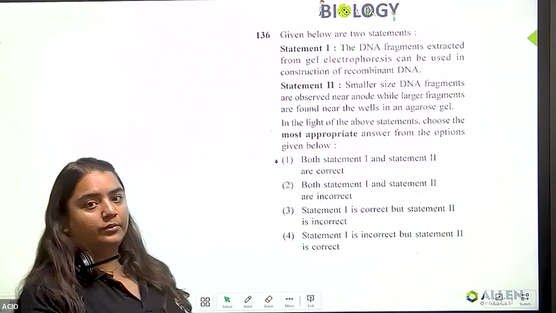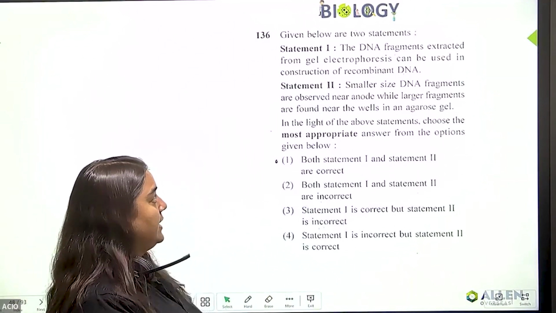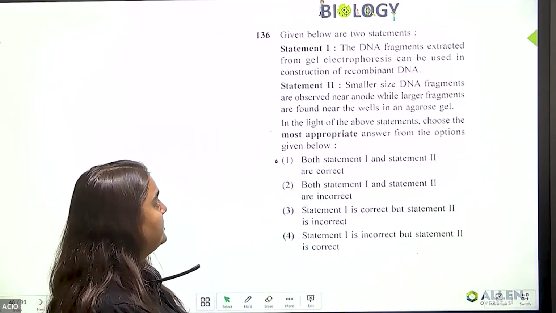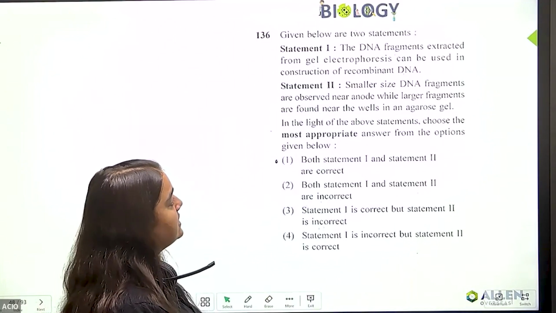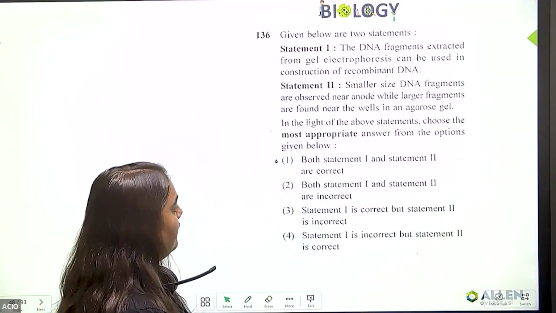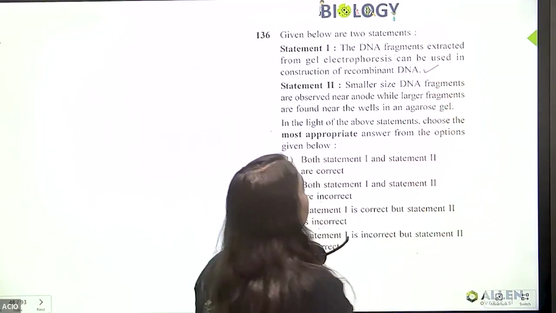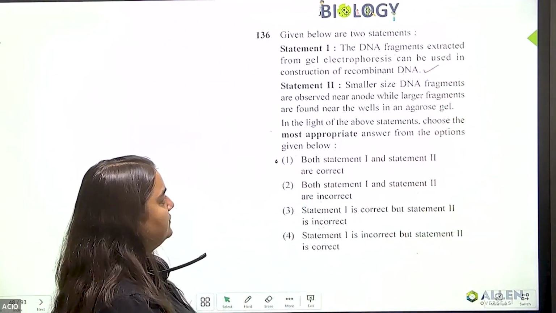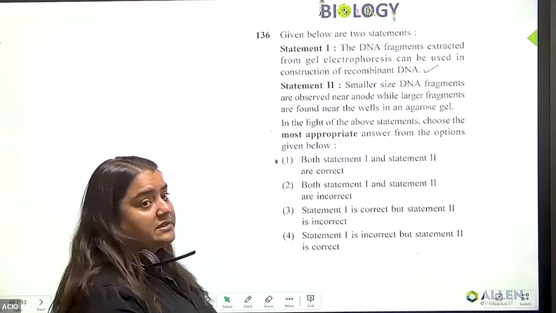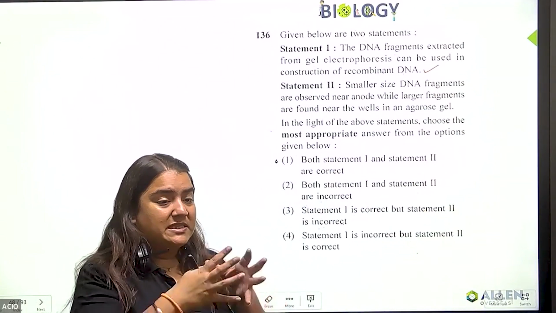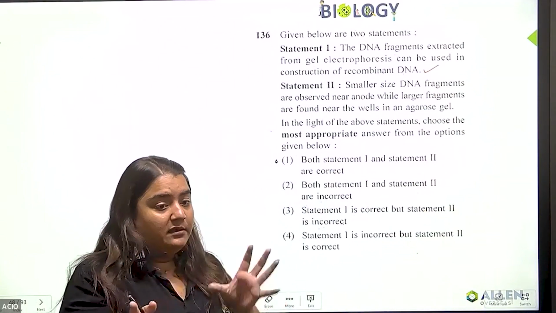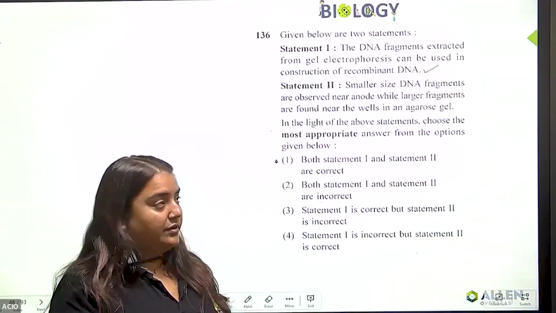Now we go on to 136, statement 1 and statement 2. The DNA fragments extracted from gel electrophoresis can be used in construction of recombinant DNA. Correct statement. Smaller size of the DNA fragments are observed near the anode. Yes, because DNA being negatively charged runs towards the anode, and the electrophoresis starts from the cathode.